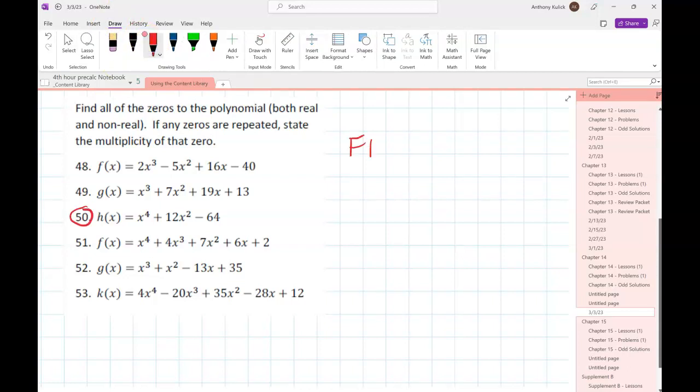All right. So the first thing I'm going to do is identify that I'm looking for 4 answers. Right? How do I know there's 4 answers? It's degree 4. Excellent. Then I'm going to use my rational roots theorem to figure out the possible rational solutions. So those are going to be the factors of the constant term divided by the factors of the leading coefficient.